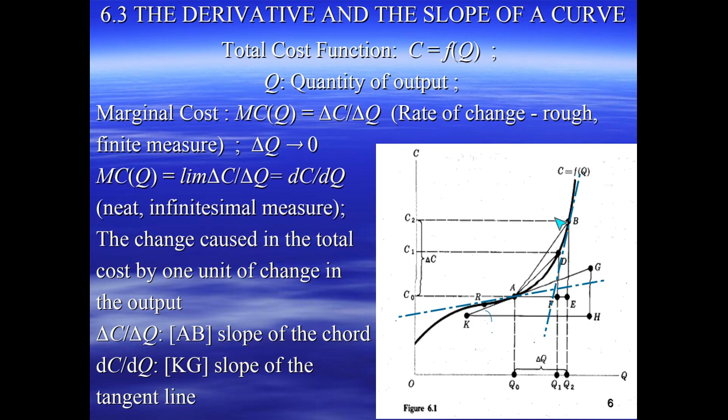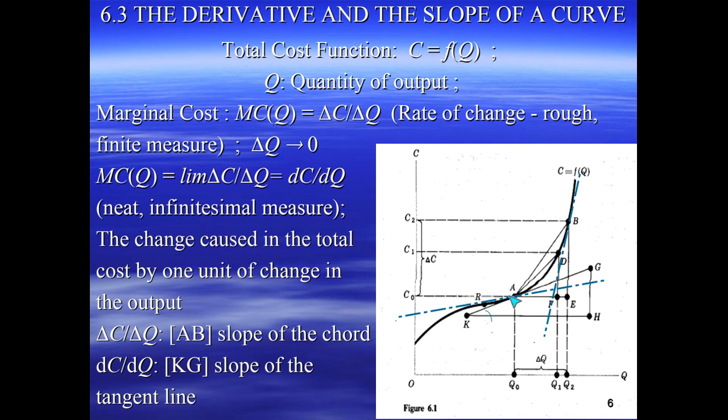So delta C is the change from C0 to C2, C2 minus C0. It is equal to EB, and delta Q is equal to AE, the same Q2 minus Q0. So the tangent of the angle alpha is delta C over delta Q.